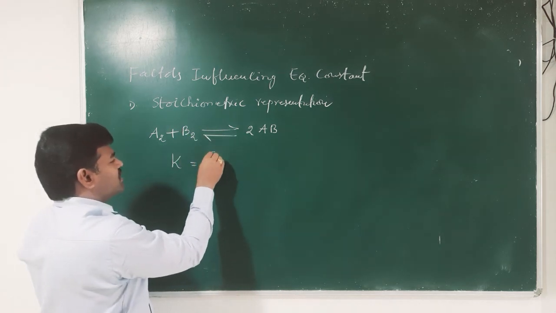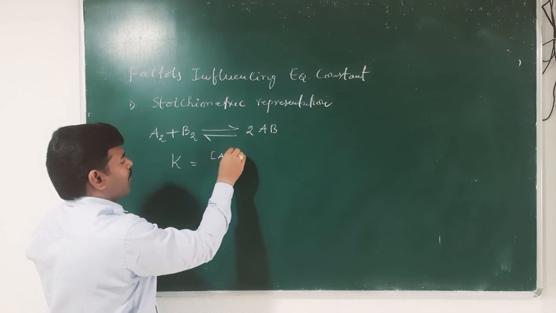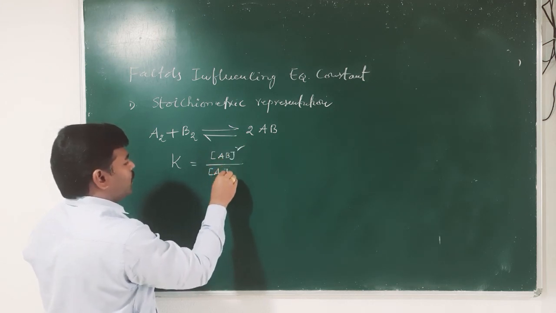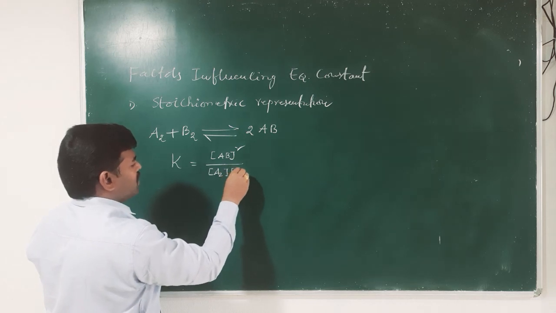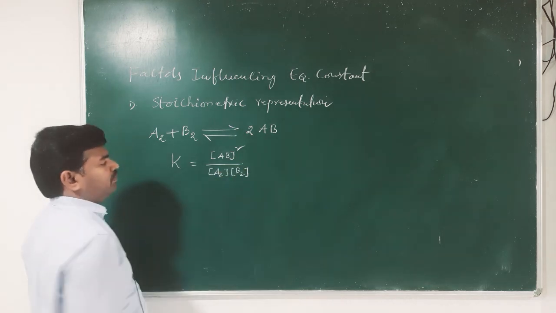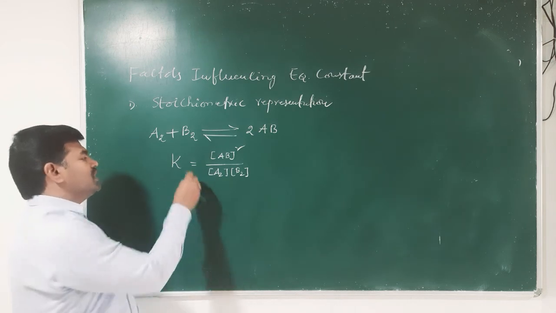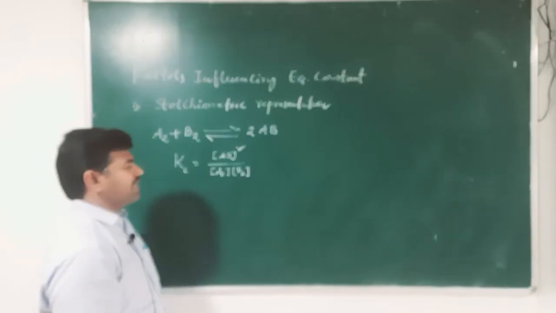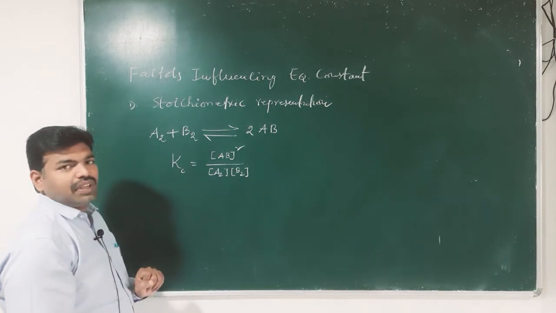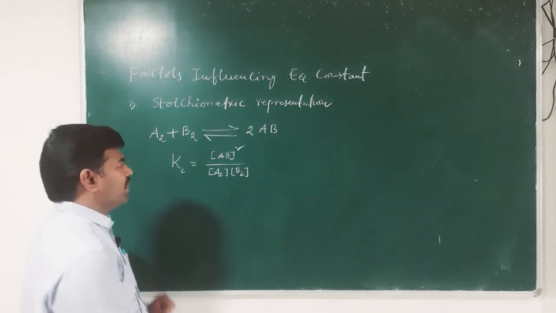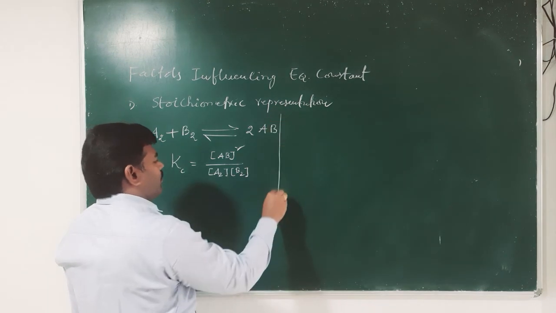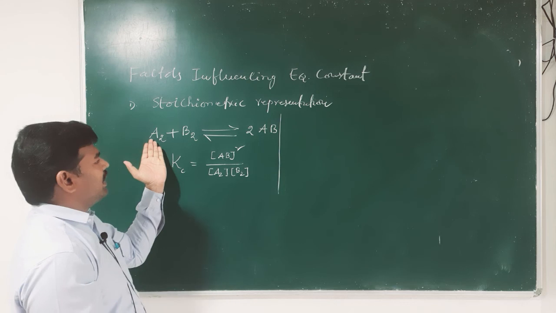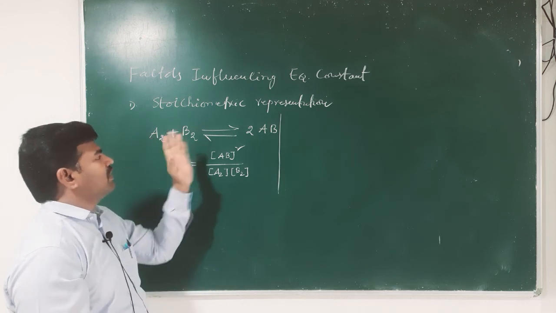So, concentration of AB square by concentration of A2 into concentration of B2, and it is called Kc because these concentrations are molar concentrations. This is Kc.